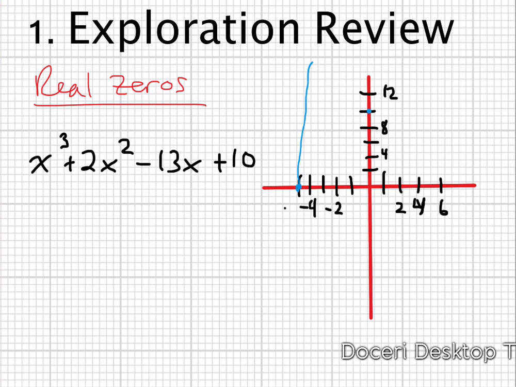So at about -3, we're all the way up at positive 40 in the y. But by the time we get back down to x equal to 0, we're back down here at 10.